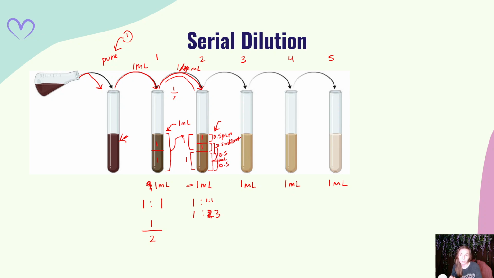So you end up with 1 part patient, 3 parts of diluent. That's why it's a 1-to-3 dilution now, because you have 1 part here, 1 part here, 1 part here, 3. Cool? Which means that overall, it's a 1-to-4 dilution.